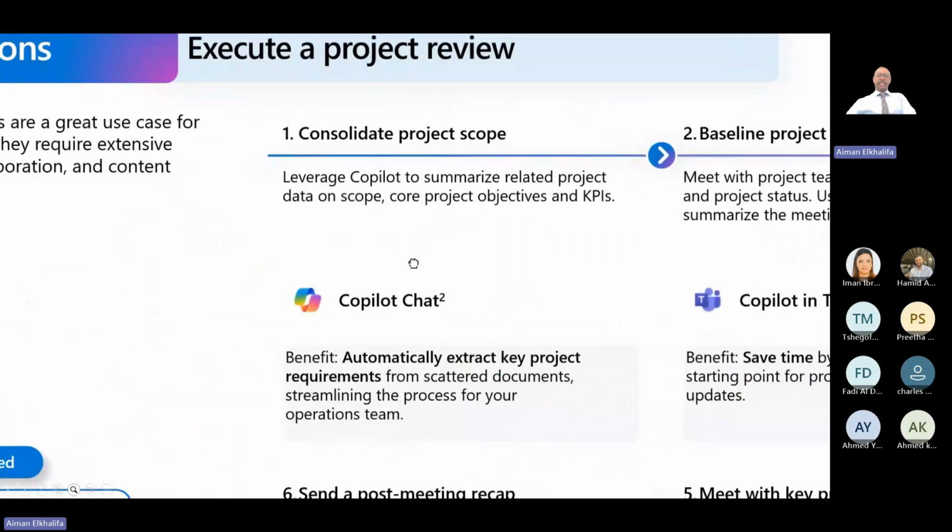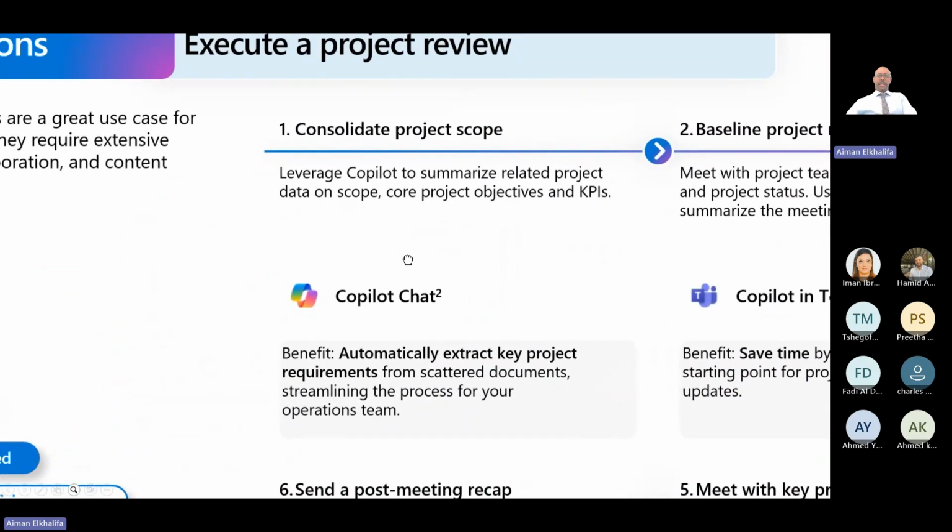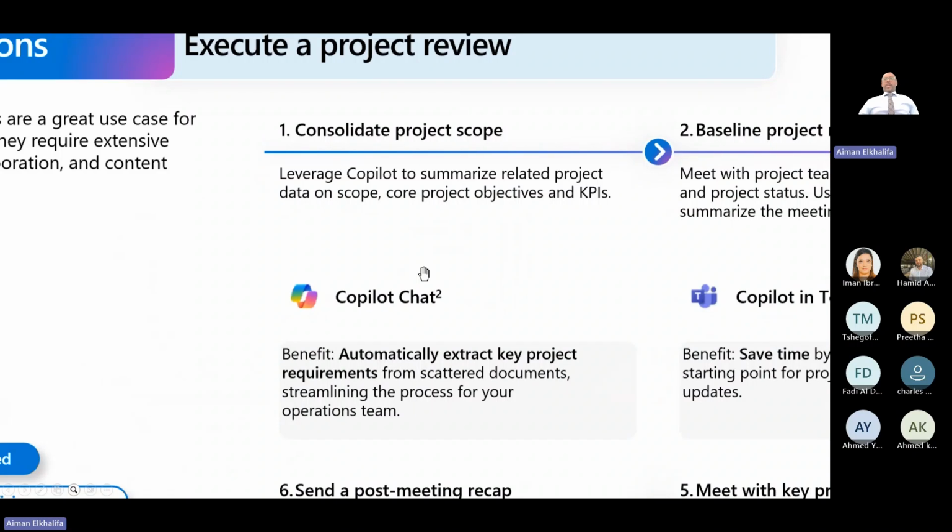So for instance, if you have a project and you have all the project documentation, documents and so on, you can leverage Copilot to summarize related project data on a certain scope. You can create a RACI model out of your project documents. You can create a scope of work if you want for a certain project.